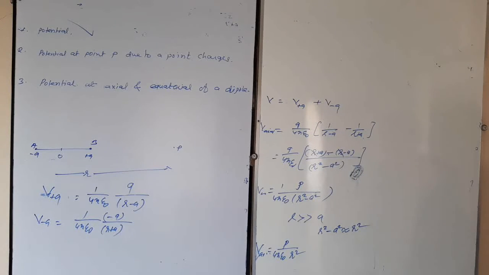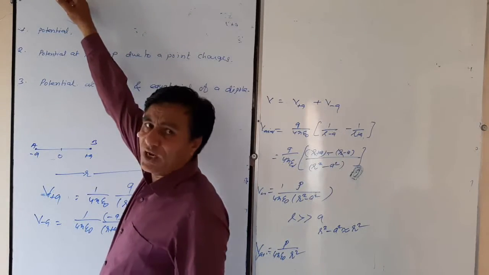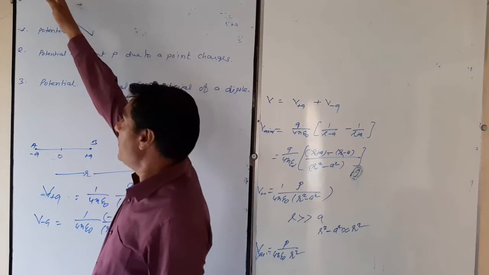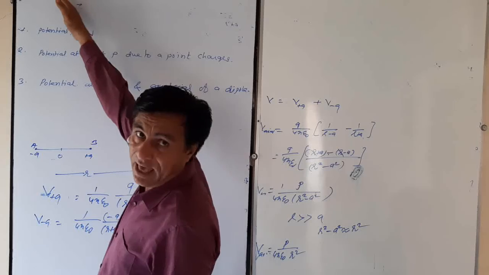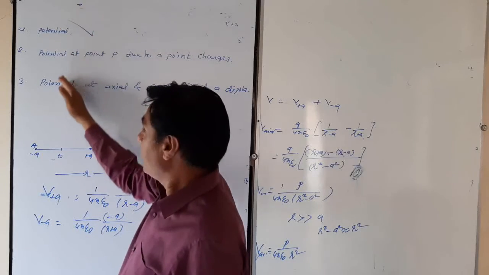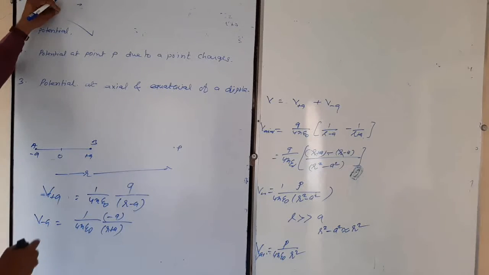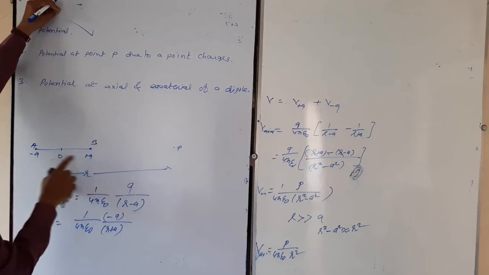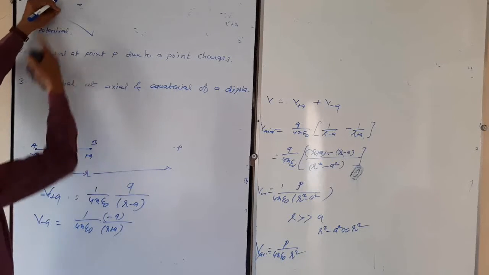Then now V at equatorial position, simple. If you are bringing a unit positive charge from infinity and moving along the perpendicular bisector, what will happen? The unit positive charge is equidistant from both ends of the dipole, so it will be attracted and repelled.